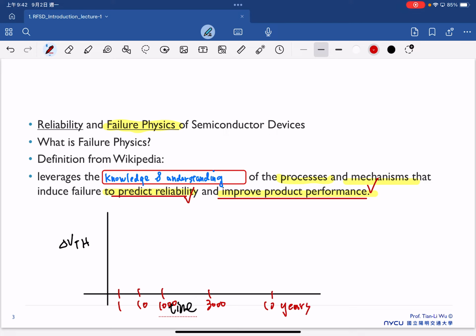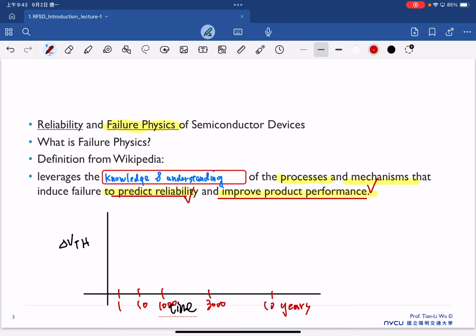You can imagine that right now your parents or your grandfather still drive his 50 years old car. That means there are still so many components inside this 50 years old car that still survive and are still reliable. That's why when we talk about automotive, we always put a very strict reliability spec, and we have to predict the lifetime beyond 10 years here.